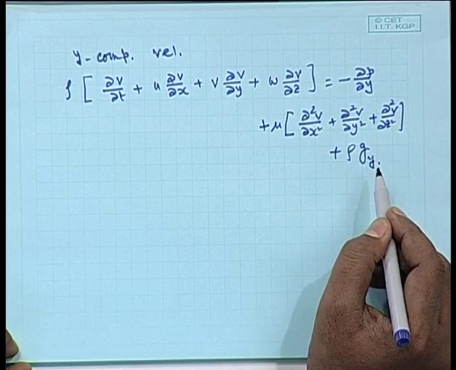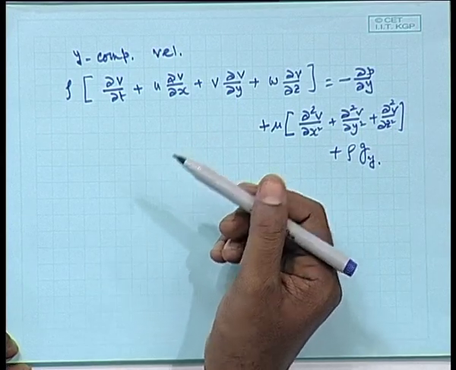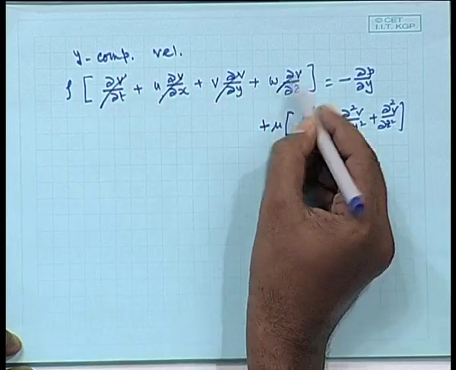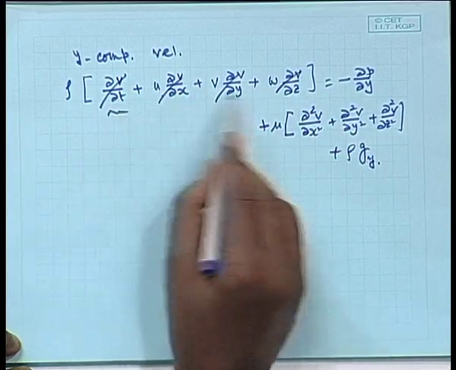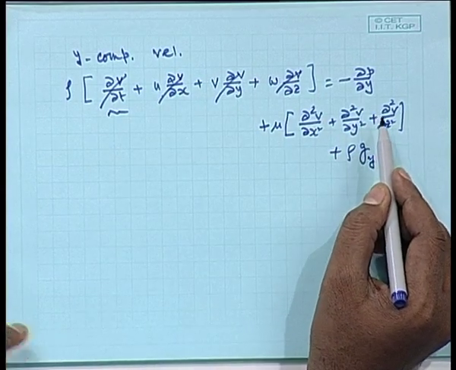Now, since v is equal to 0 for this particular problem, it is an assumption, all these terms will be off, the local derivative and the convective parts all will be off. So, the whole left hand side of the Navier-Stokes equation will be gone.